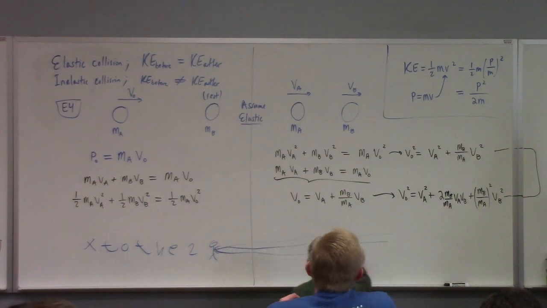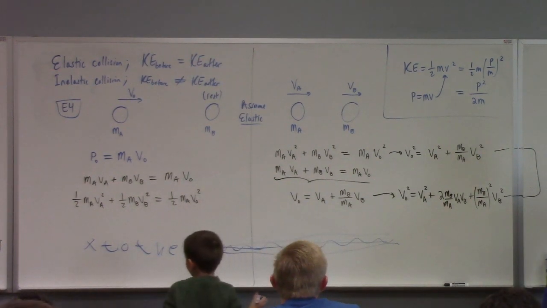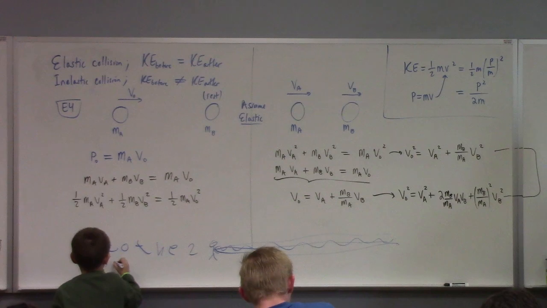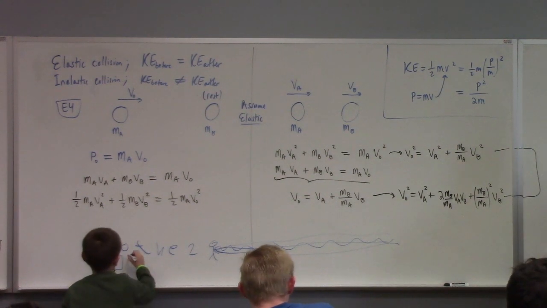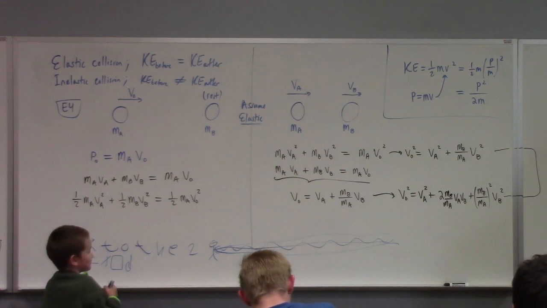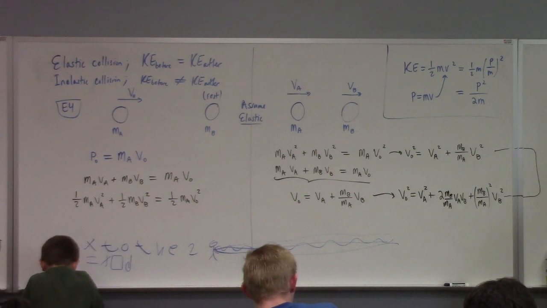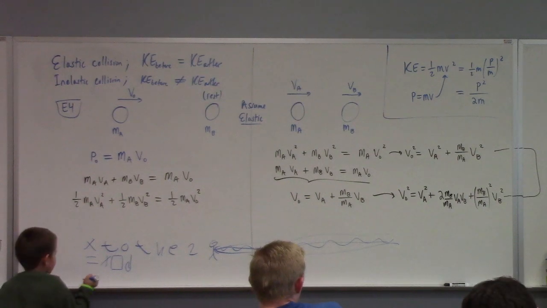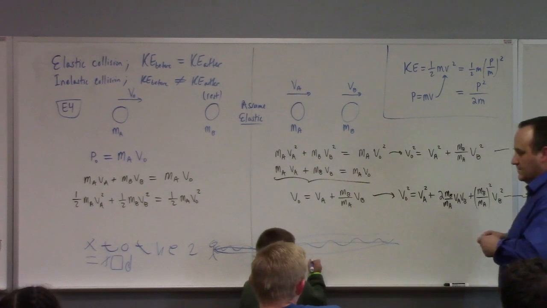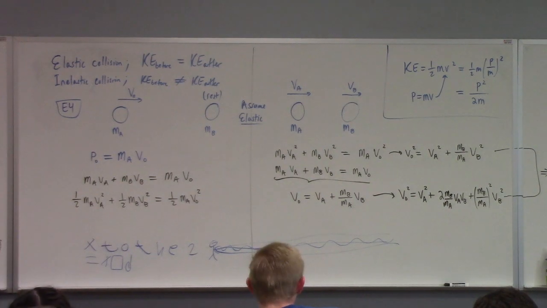So we get MB over MA VB squared is equal to 2 MB over MA VA VB plus MB over MA quantity squared VB squared. Do you see what I did there? I'm saying V naught squared equals V naught squared.